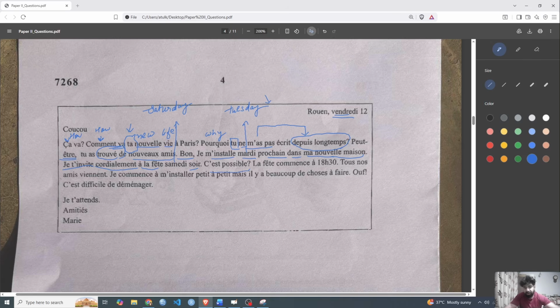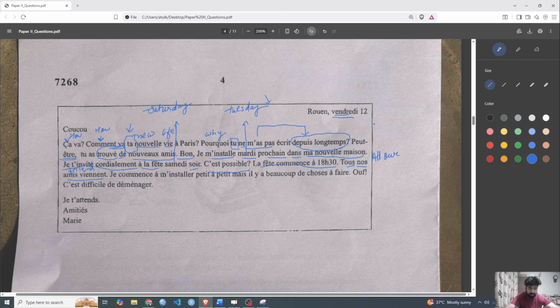Then she's saying, est-ce possible, is it possible for you to come? And then she's saying the party starts at 6:30 p.m. So she has given the time of the party, and then she's saying tous nos amis viennent. So she's using the plural also. Tous is basically all, nos is our, friends, and viennent is coming. All our friends are coming.